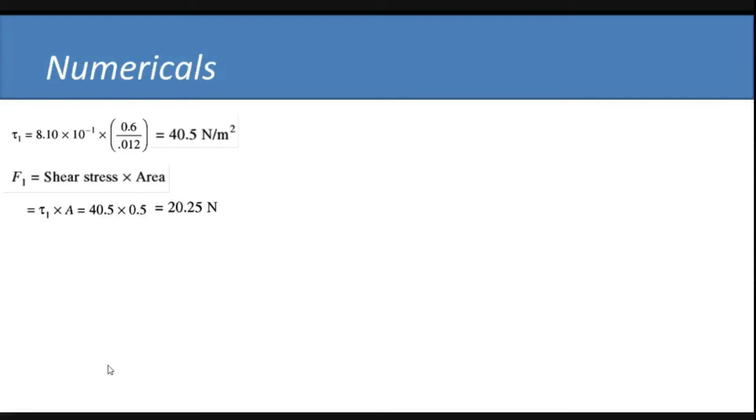Now once F1 is known to us, see, in our case 1, this was the fixed plate, and this was the moving plate. This y1 is 1.2 and y2 is also 1.2, that means y1 is equal to y2. Similarly, du1 is nothing but, this is the fixed plate, so velocity is 0, and this is the moving plate, so velocity is 0.6 meter per second.